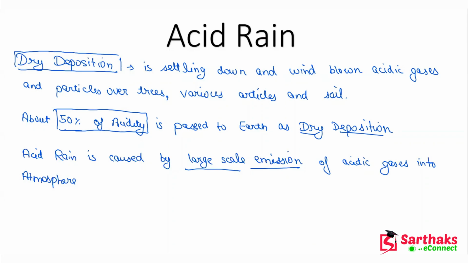So where do the acidic gases come from? Acidic gases here means CO2, nitrogen dioxide, and other gases. They come from thermal power plants, and they come from industries and automobiles also.